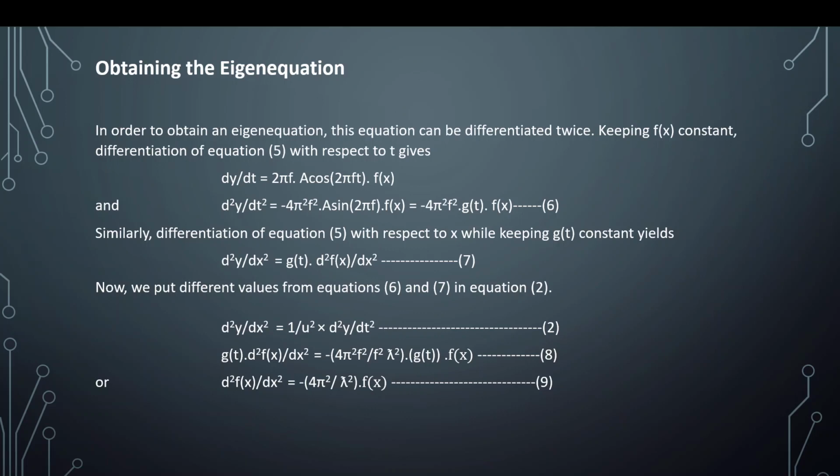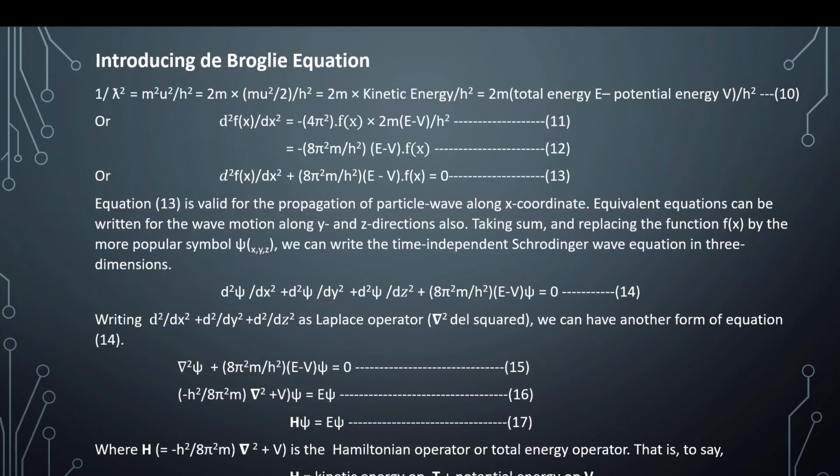At this point, we will introduce the de Broglie equation in equation number 9 to get the wave mechanical equation. And we know the de Broglie equation says 1 over lambda square equal to m square u square upon h square. Transposing, m square u square can be written as 2m into m u square by 2, the kinetic energy.